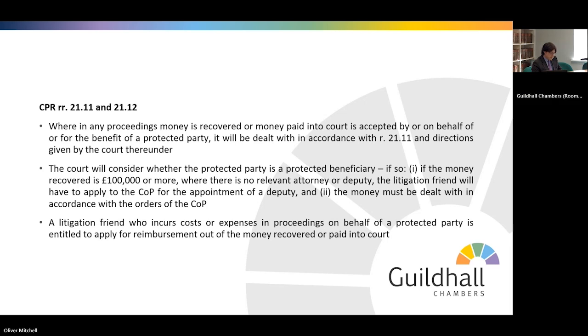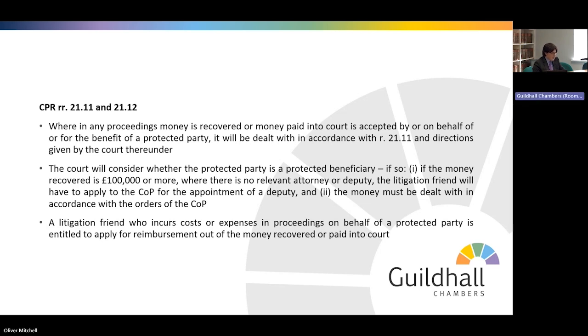Firstly, dealing with two provisions together here, 21.11 and 21.12. These deal with the position where in proceedings money is recovered or money that has been paid into court is accepted by or on behalf of or for the benefit of a protected party. If so, it will be dealt with in accordance with Rule 21.11 and directions given by the court under that rule.